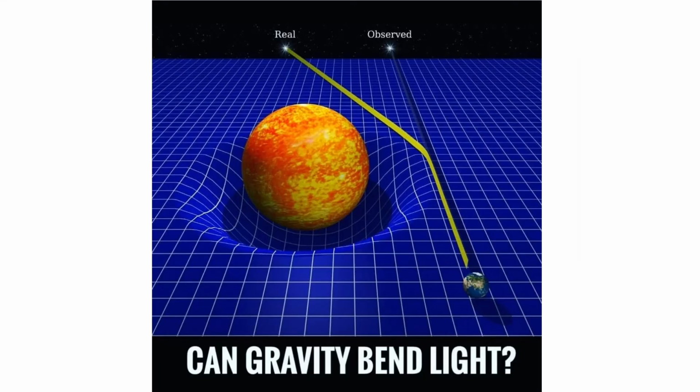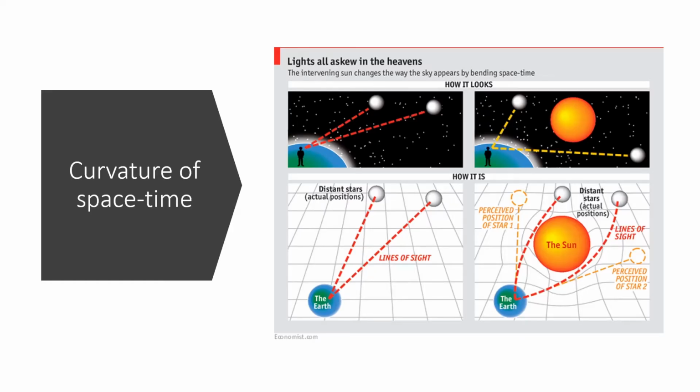So gravity, which is a mass curving space-time, would cause the light to curve around that curve or to bend. And this was actually observed, and it was the first proof of Einstein's theory.